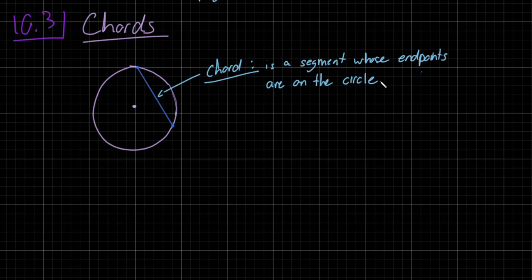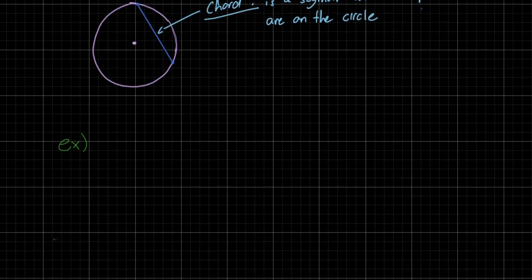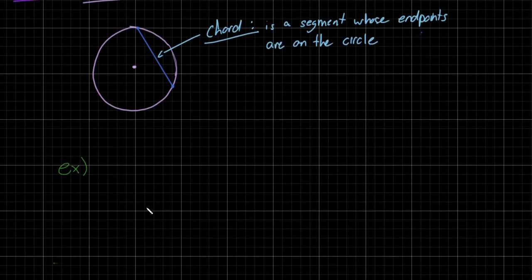We were actually drawing chords a little bit earlier when we were finding the area of segments. We had to draw a chord to get that segment. Okay, let's do an example with these chords. I'm going to draw another circle down below.